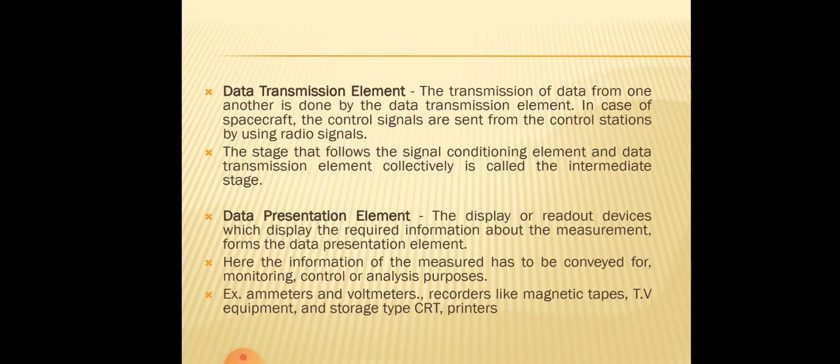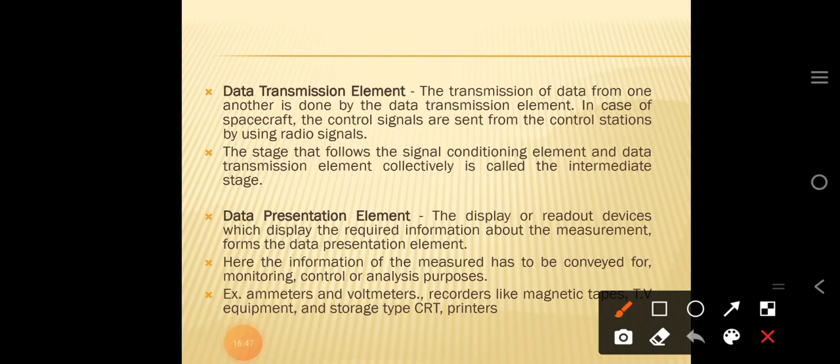The next one is the data transmission element. Data transmission means the transmission of data from one place to another is done by the data transmission element. In case of a spacecraft, the control signals are sent from the control stations by using a radio signal.